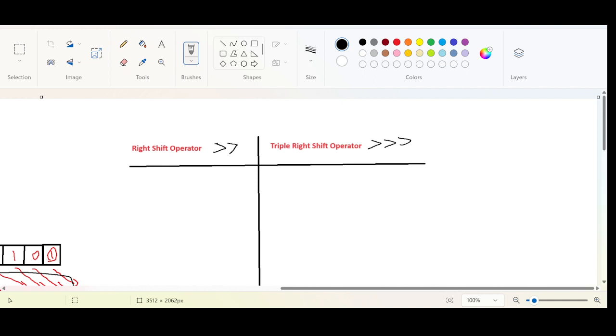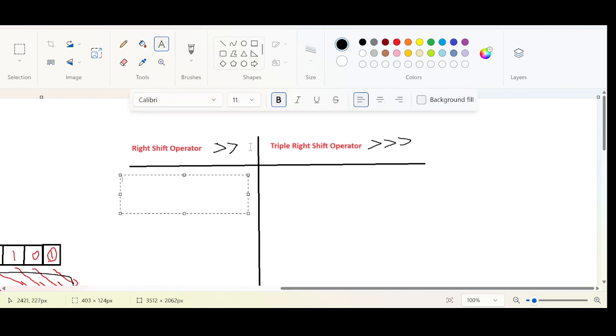So the first difference is that the right shift operator is also known as the arithmetic right shift, or we can also say the signed right shift operator.